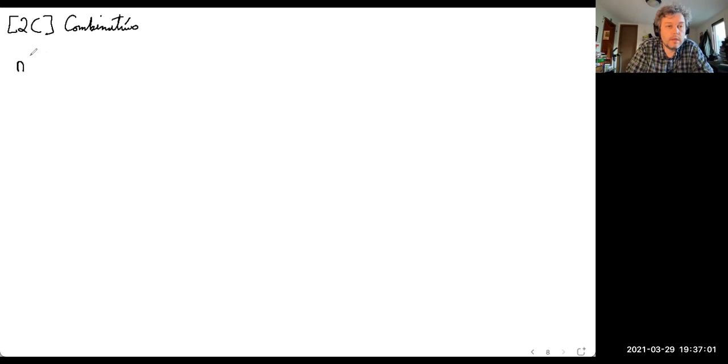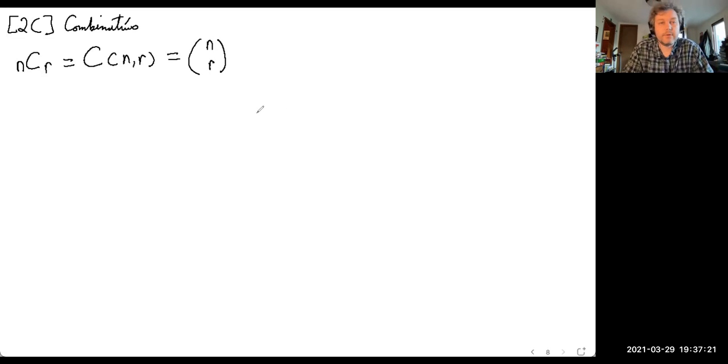Well, the formula, we'll sometimes write it nCr. Sometimes we write it C with n comma r as a function. Some textbooks or websites write it another way, but we're not going to use that notation because we're going to learn about matrices later, and that will start to be really confusing.